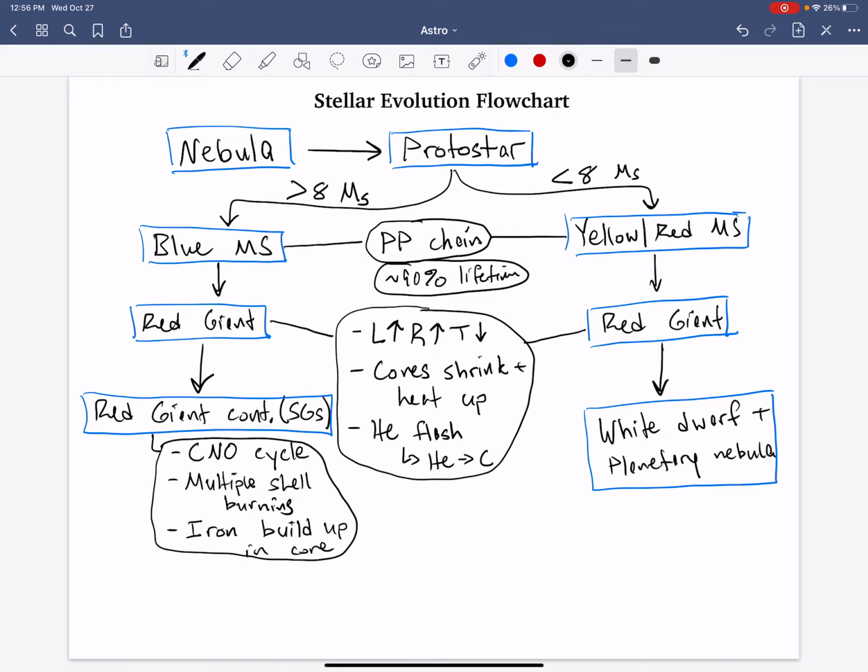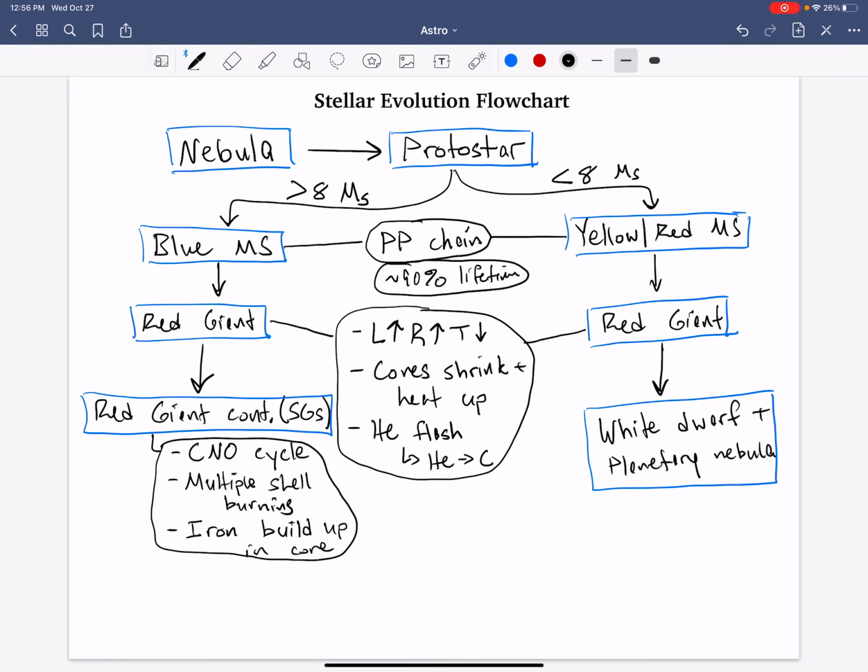So if you get enough iron built up in the core, what does that effectively do? Well, it kind of depletes the star's ability to make more light, to make more heat. In other words, the radiation pressure that's pushing out against gravity is now getting weaker and weaker because there's less stuff to fuse. So the more iron, the less stuff there is to fuse.